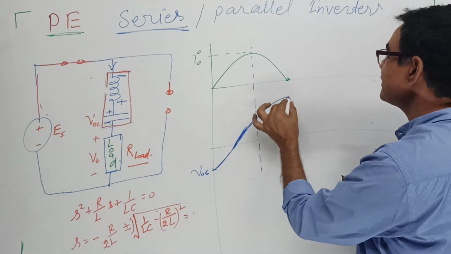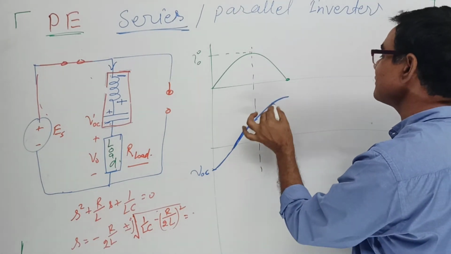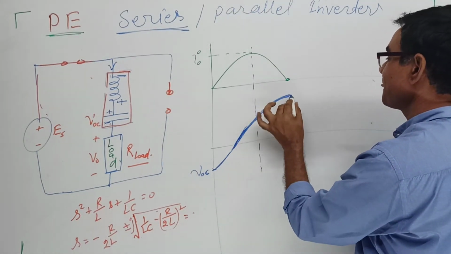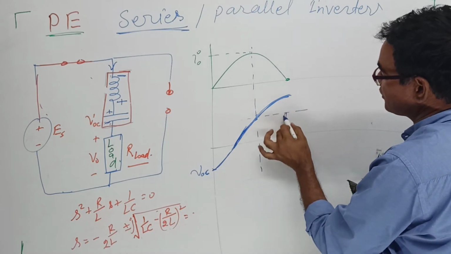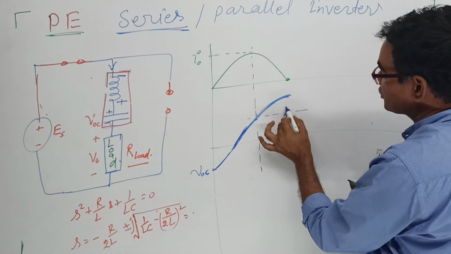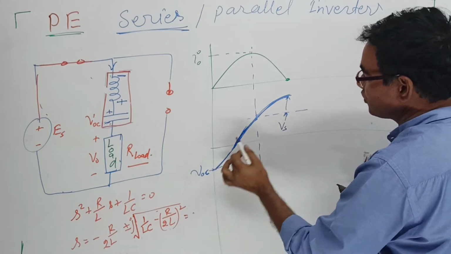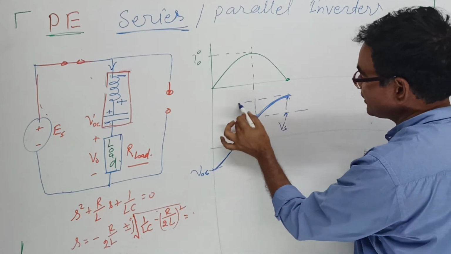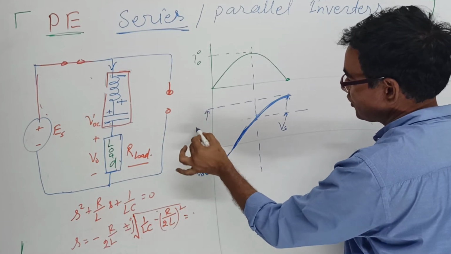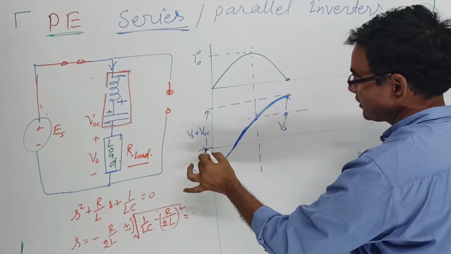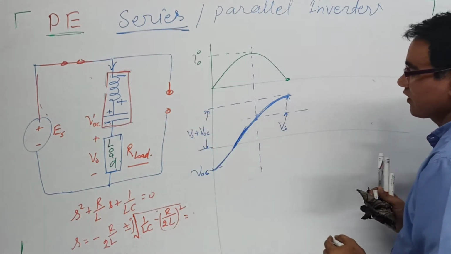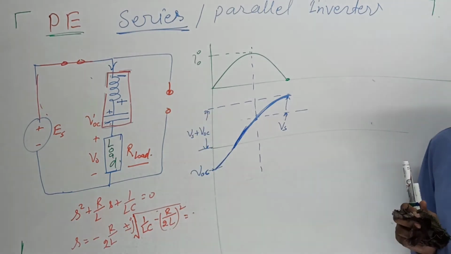Further it increases and becomes twice the source voltage. This is the source voltage, and this was the initial voltage, so the total voltage becomes source voltage plus VOC. This is the total voltage.